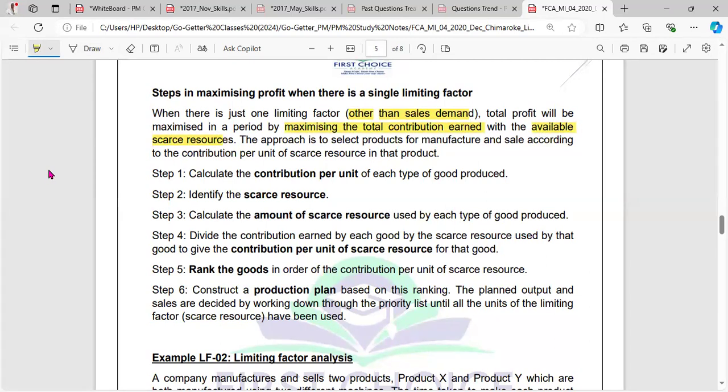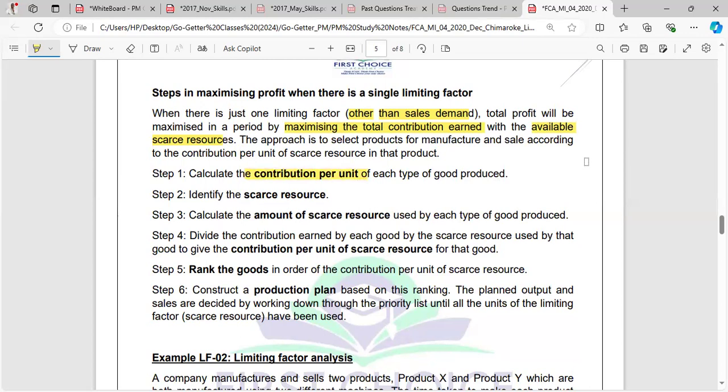Now, there are steps you need to take. The first step is to calculate your contribution per unit. Sometimes in the question, you will be given contribution per unit, but sometimes they may not give you.